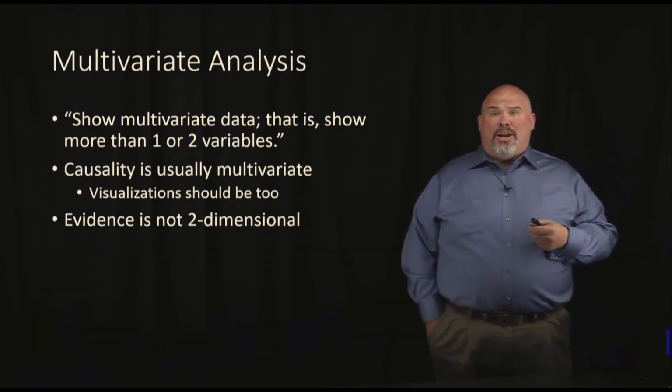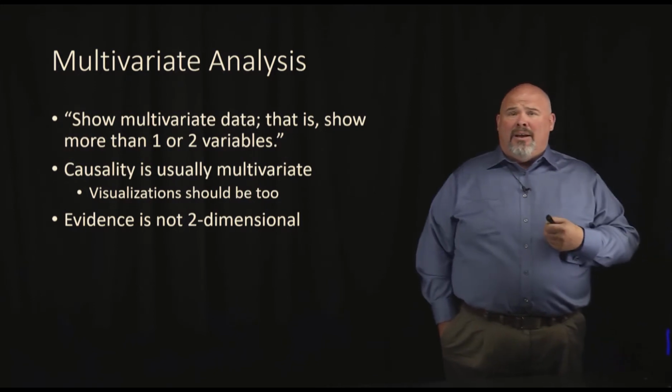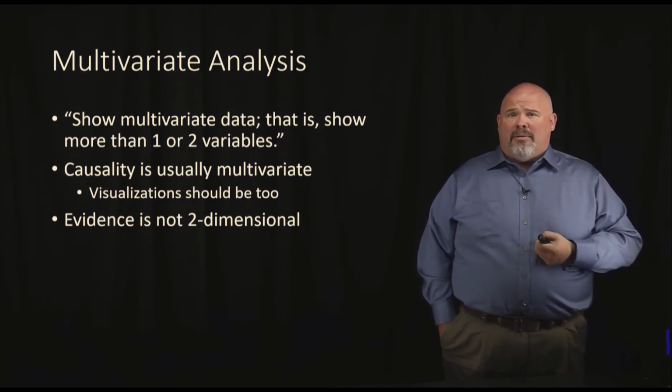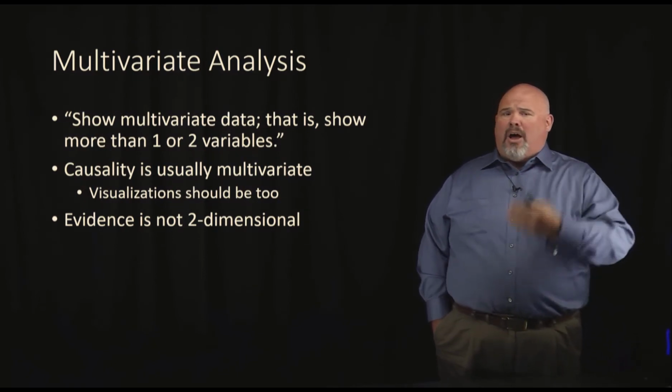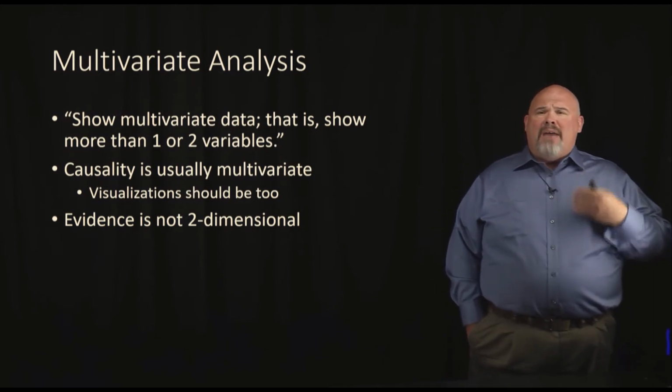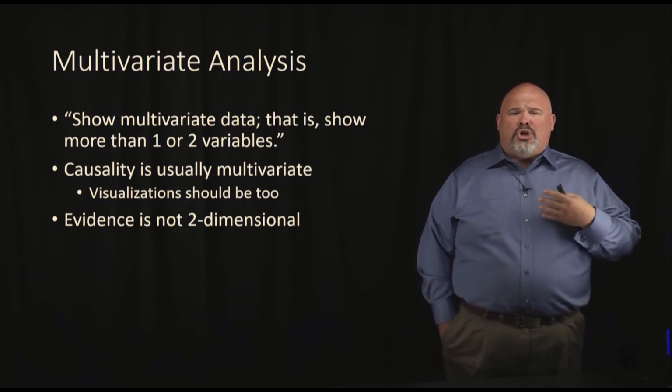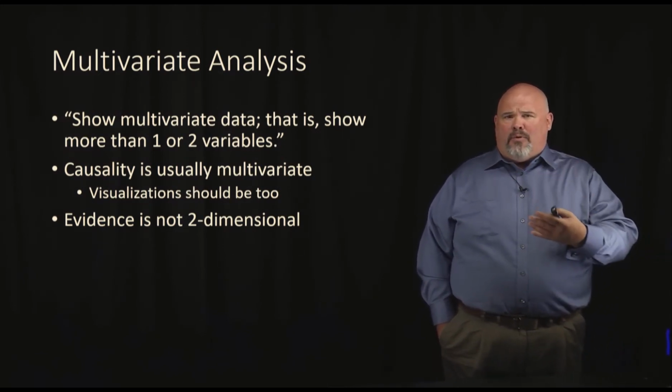Now, again, causality is very rarely a one variable answer, right? It's very rare that something is caused by only one other thing. And so evidence is not two-dimensional, and we should show multivariate data whenever we can.